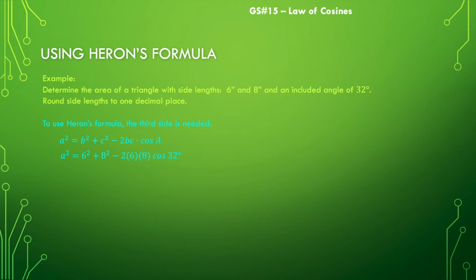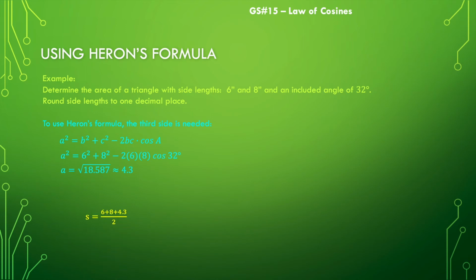Subbing in 6 for b, 8 for c, and 32 degrees for angle A, we crunch this in our calculator and find that a squared is equal to 18.587. When we take the square root of that, we get approximately 4.3. Now we know that the last side length is about 4.3 inches.